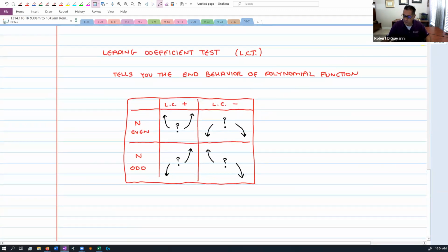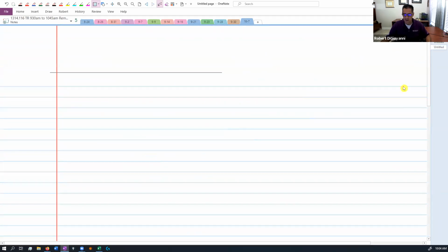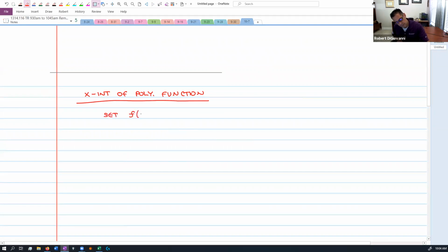We've got the left and right behavior down. Now our next thing is to talk about the x-intercepts of a polynomial function. So the way we find the x-intercepts of any function is you set the function equal to 0 and solve.